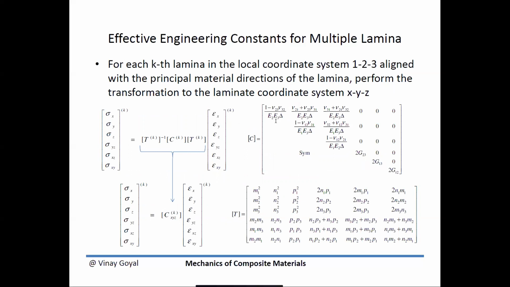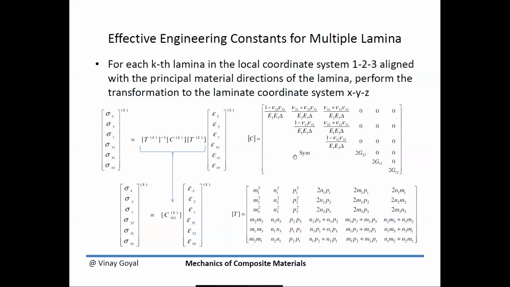So we already know how to deal with the kth lamina. I know how to transform the lamina ply orientations to the laminate coordinate system using this formula. C is given here to the right, and T is known from here to the right.